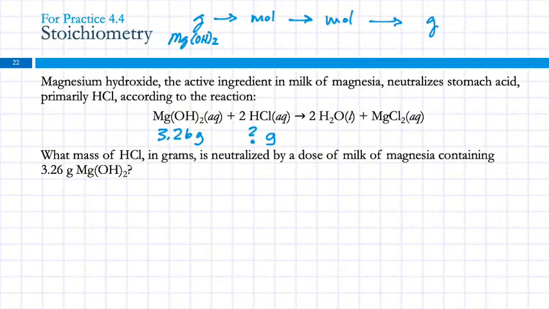And I convert grams of magnesium hydroxide into moles of magnesium hydroxide. I need the molar mass. What am I trying to find? Grams of HCl, right? And I can convert moles of magnesium hydroxide into moles of HCl because I have a balanced chemical equation. 1 mole of this to 2 moles of that. And then from moles of HCl to grams of HCl, molar mass.